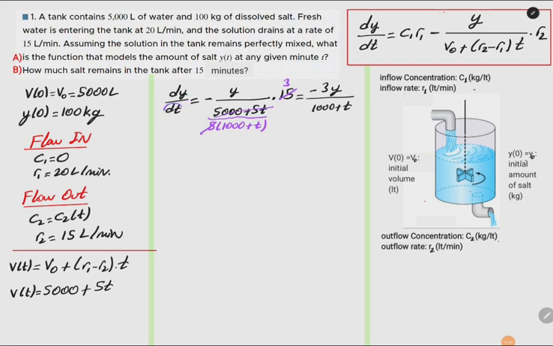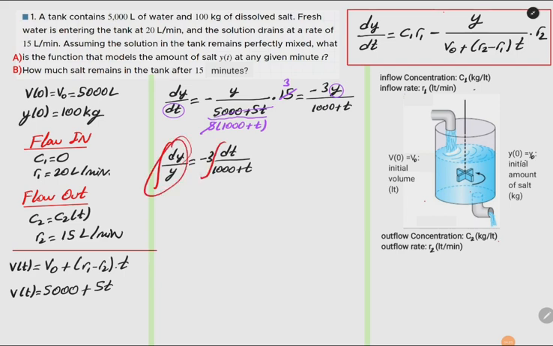In order to separate these variables, I'm going to move the dt and y terms to obtain dy over y is equal to minus 3 dt divided by 1,000 plus t. And now I can integrate both sides. Okay, this is better.